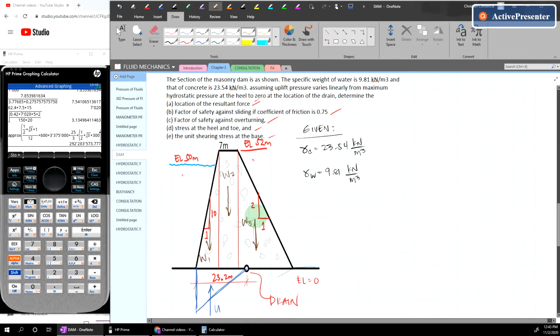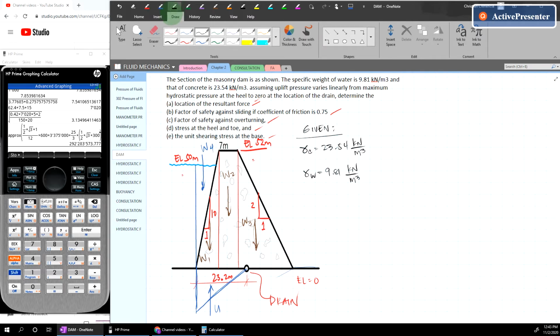And since meron yung face ng dam natin is inclined, kakaroon din tayo ng downward force due to the hydrostatic force ng liquid natin. Let's say ito yung centroid, tawagin natin tong weight 4. So unahin natin yung mga vertical forces.